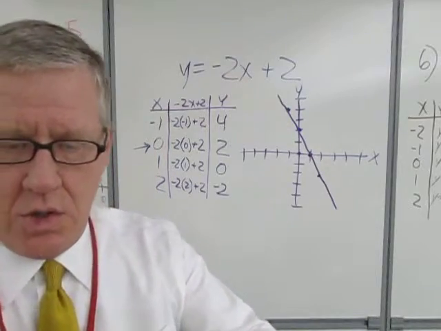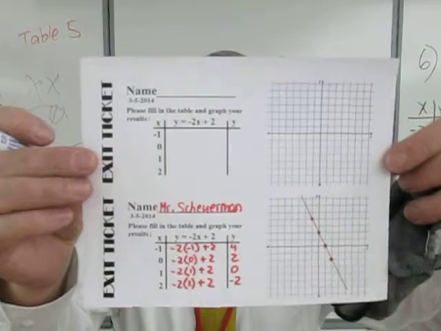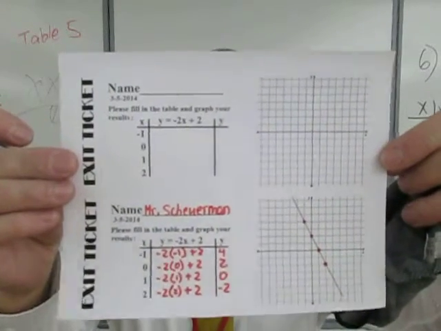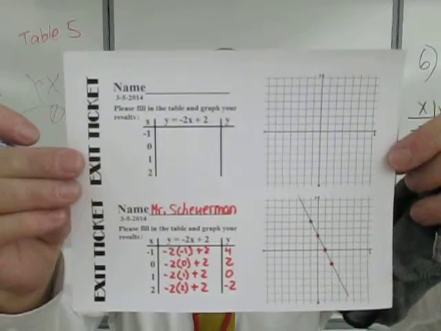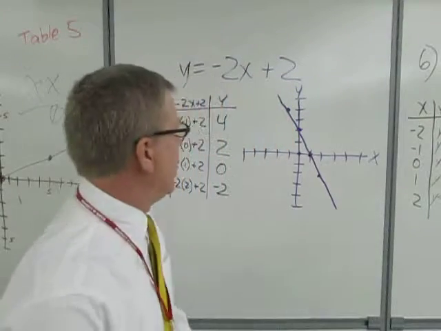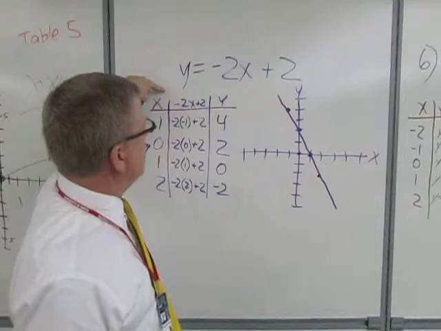So, let's just finish up. Here's what it's going to look like in the end. Blank ticket on the top. Mr. Scheuerman filled out the one on the bottom. There's our line. That's a little bit better graph. Alright, I hope everyone understands this. So, good luck, and once again, start with a chart like this, or a table.